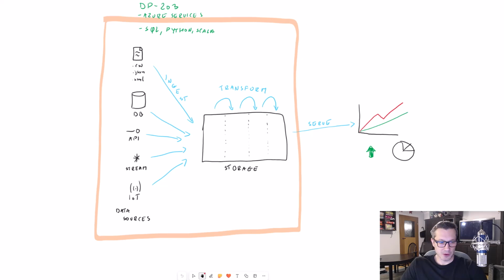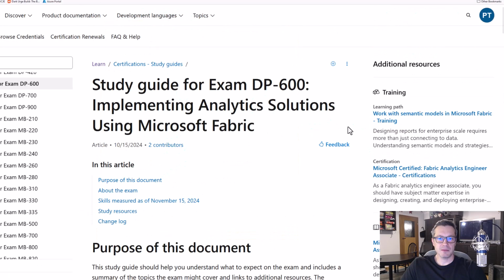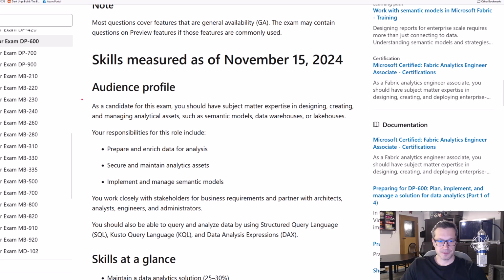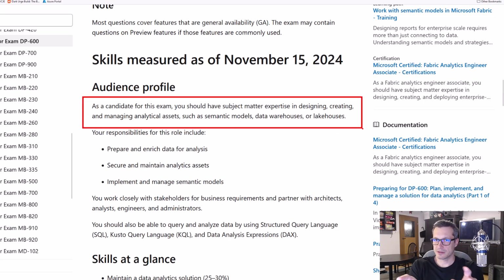Alright, so let's take a look at DP-600. Let's do the same. So DP-600 is the existing exam, but take note that it was updated today, its scope changed. So please make sure to visit this site to read the current objectives. So again, audience, DP-600, this is the Fabric Analytics Engineer certificate.